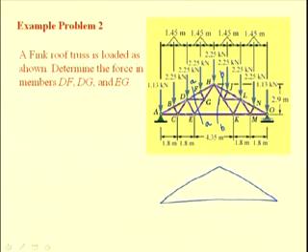Here I am only showing the salient features. We have 2 components of reaction, Ax and Ay, at A, since the truss is connected by a pin joint, and at O, since we have a roller, we have a single component of reaction Oy.